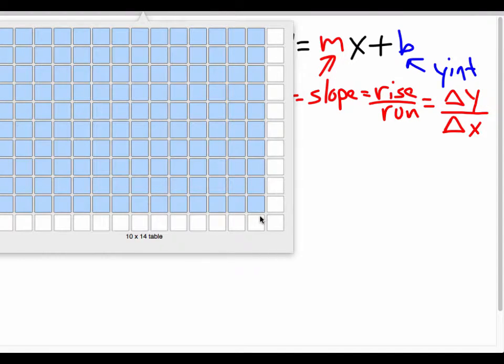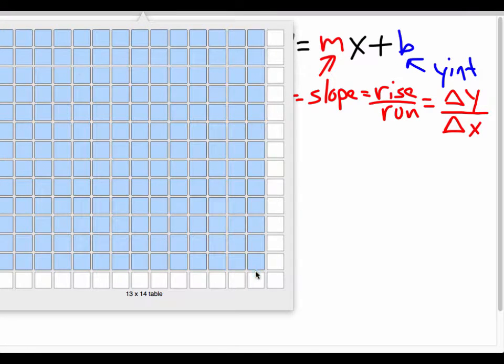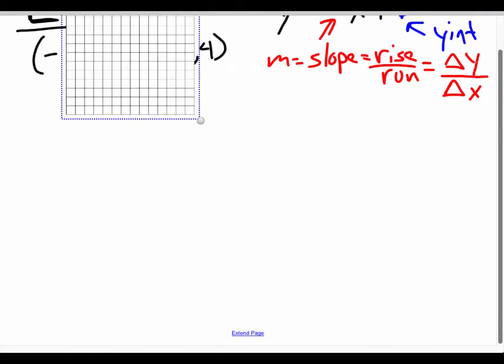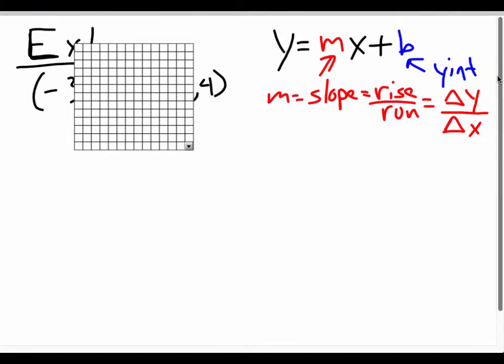Make a small graph here. I don't know. Let's make it. That's pretty good. All right, let's do that. And let me make this a little smaller for us. And let me come back up here. Oops, that's not what I want.